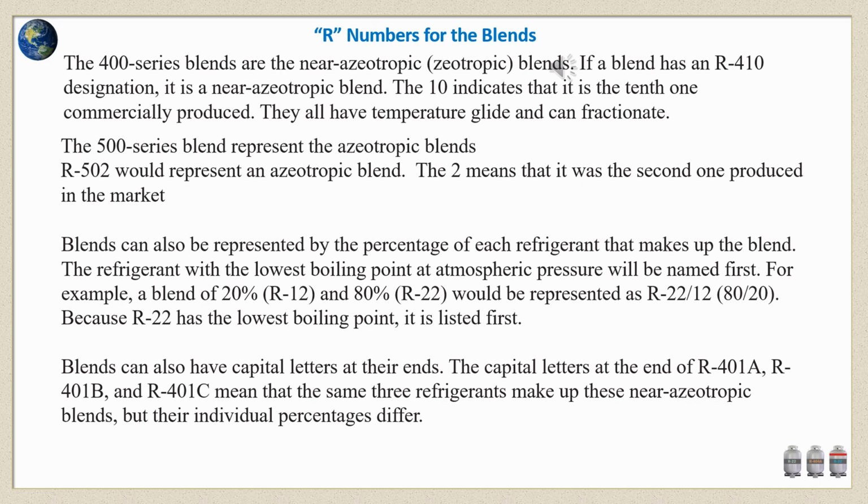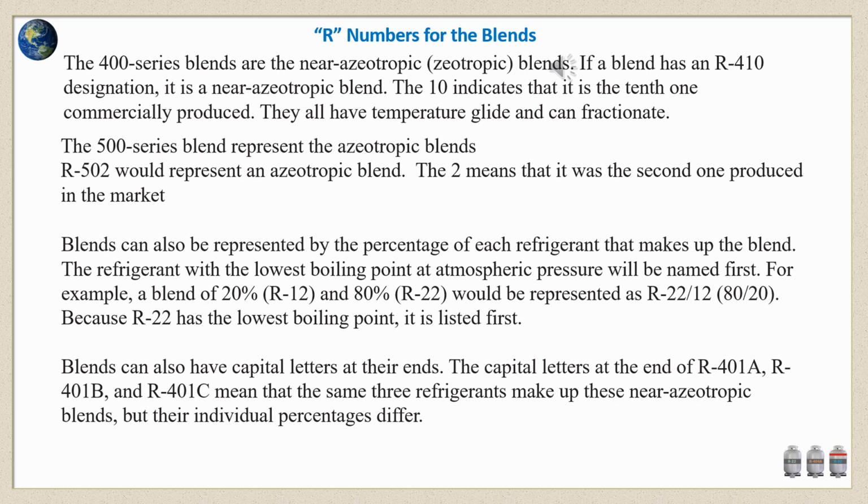Blends can also be represented by the percentage of each refrigerant that makes up the blend. The refrigerant with the lowest boiling point at atmospheric pressure will be named first. For example, a blend of 20% R12 and 80% R22 would be represented as R22/12, 80/20.